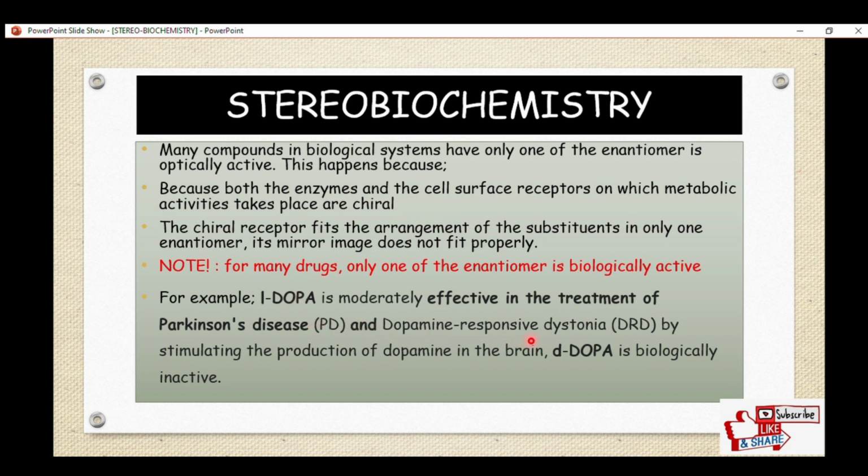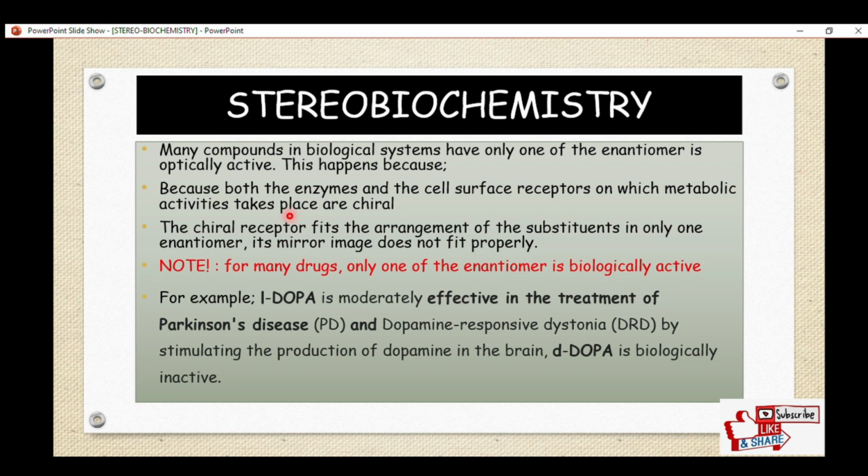It also treats dopamine-responsive dystonia, DRD, by stimulating the production of dopamine in the brain. So only L-dopa is able to stimulate dopamine in the brain so that it can effectively treat Parkinson's disease. That's stereospecificity for you. So biochemistry deals with stereospecificity. Enzymes, biomolecules, and everything in biochemistry are all stereospecific.